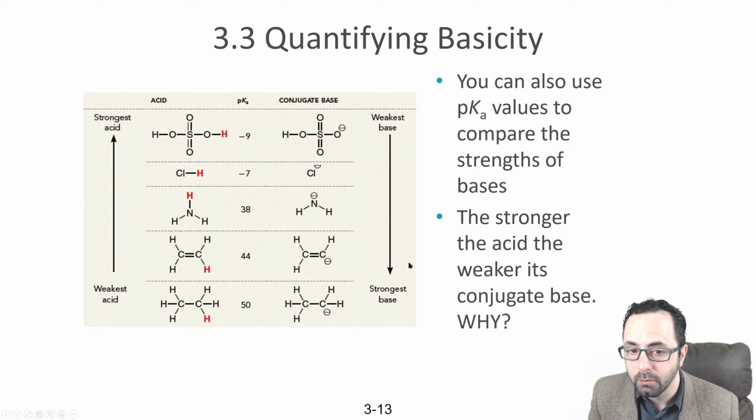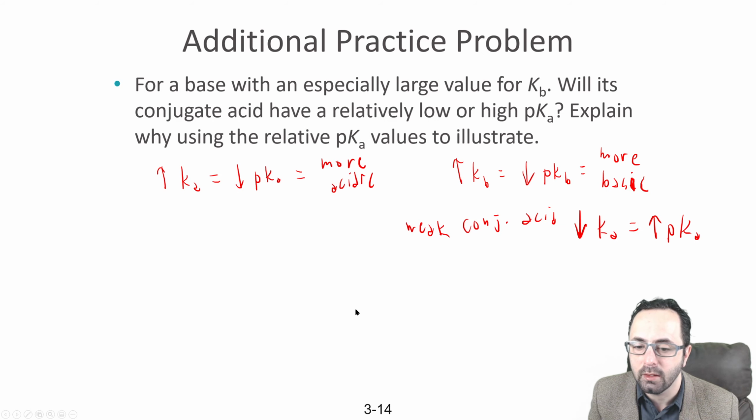So for example, the chloride ion is a very weak base. Let's go to a very strong base. We have a very strong base, like this ion here. Its conjugate acid will be very weak, so its pKa will be quite large. So that's how you answer that.